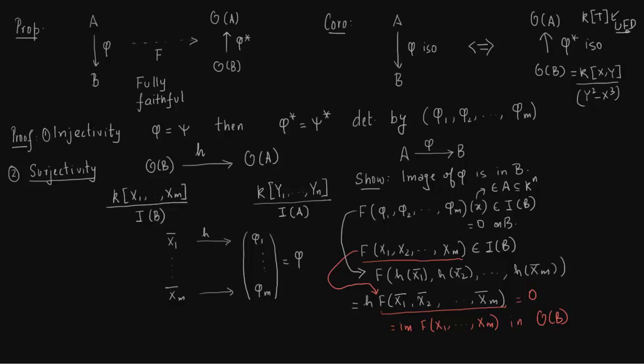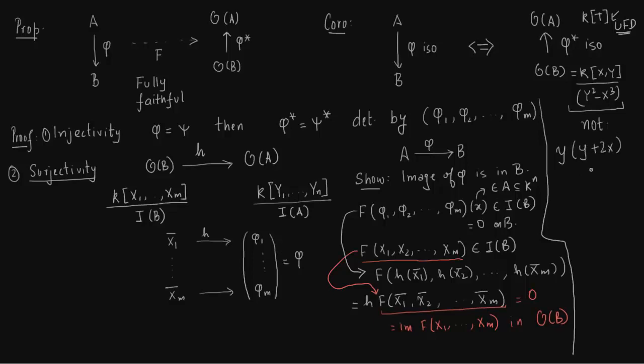This K[t] is a unique factorization domain. This we know because K is a closed field. But this ring OB is not a unique factorization domain, and we will use the Eisenstein criterion to show this. If you do not know the Eisenstein criterion, just Google it right now.